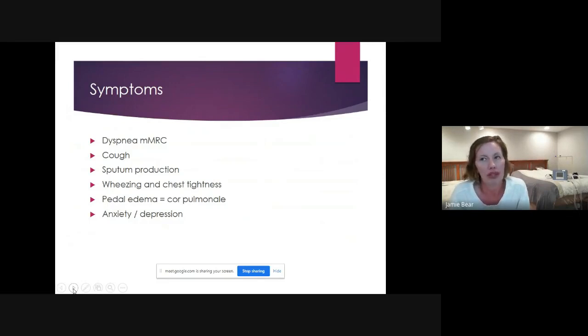And this one came up quite a bit also: evaluating pedal edema, because patients with COPD have comorbidities of cor pulmonale, which is right heart failure, and pedal edema can be a really good symptom that they present with. So that'll really help. And then anxiety and depression as well.